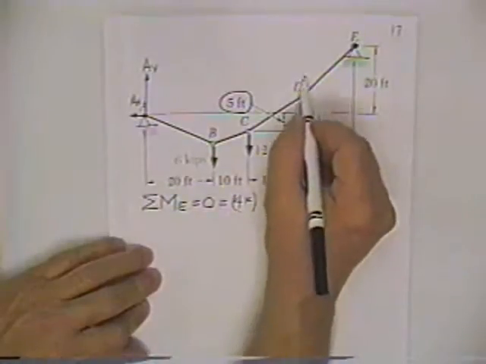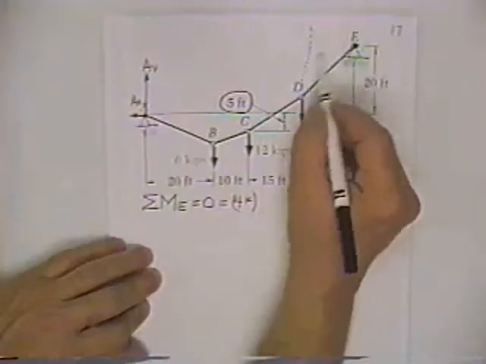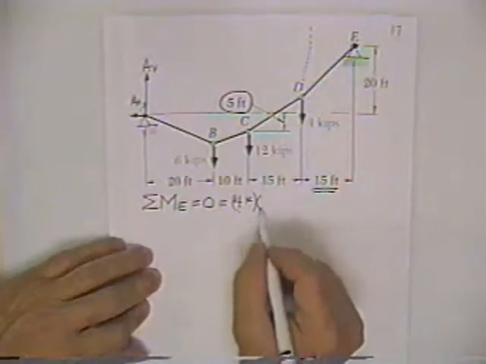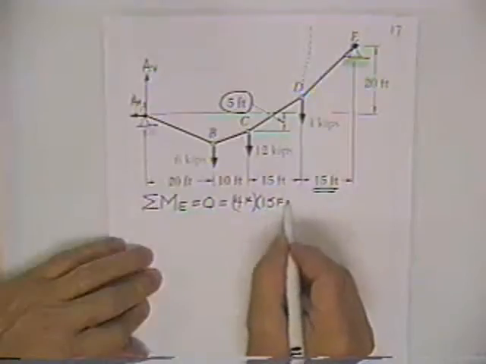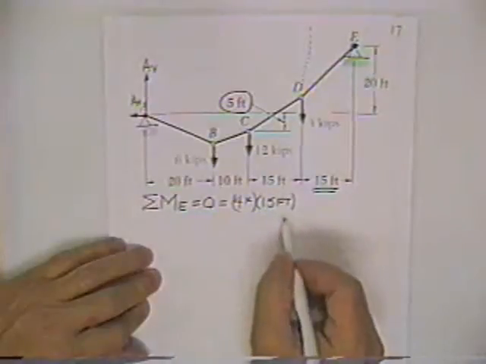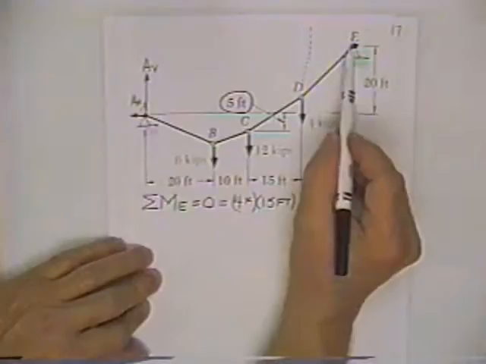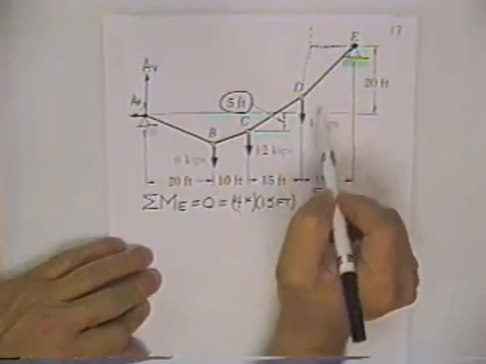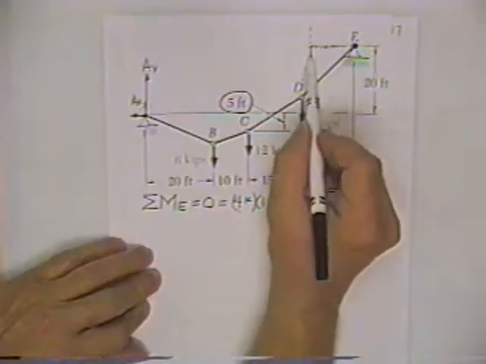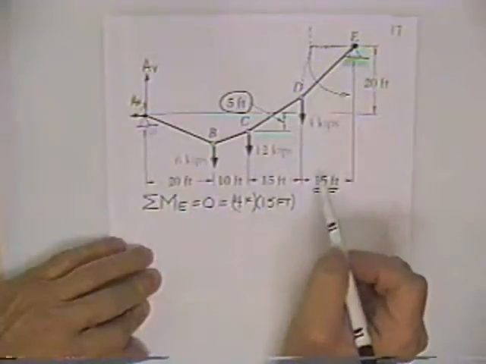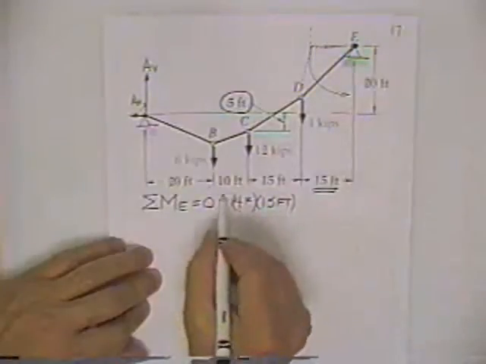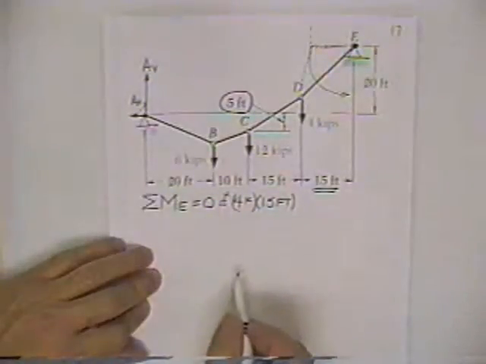Follow him until he gets as close to point E as he's ever going to get. He's 15 feet away, so his moment arm is 15 feet. And his tendency, once you tie this 15-foot piece of string to the force, you let it go, it would tend to roll this way, and that is a positive tendency to roll, so that's a positive moment.